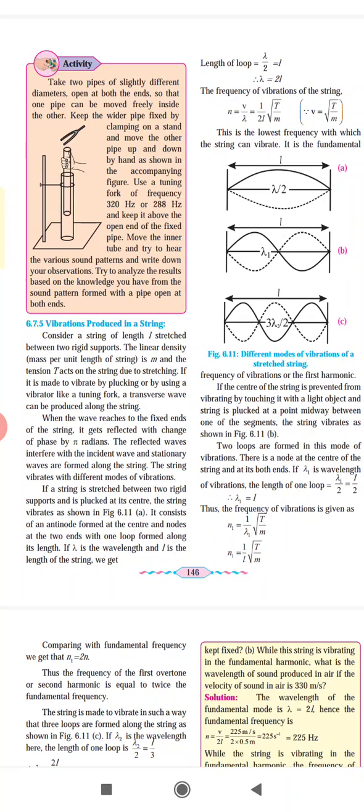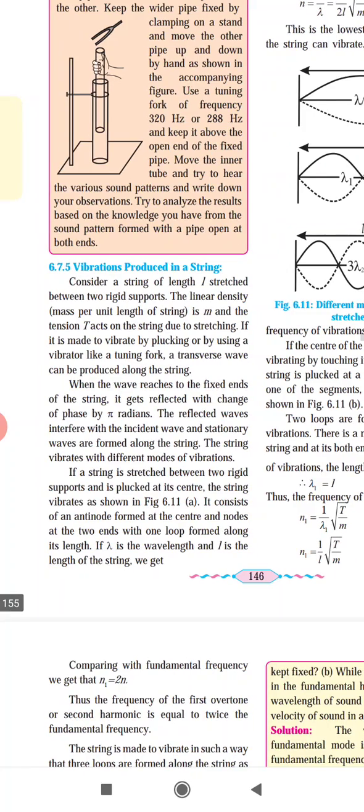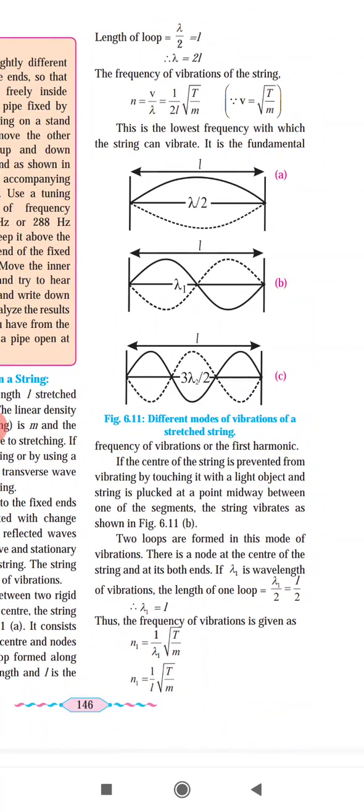If a string is stretched between two rigid supports and is plucked at its center, the string vibrates as shown in figure 6.11a. See this figure. It consists of an antinode formed at the center and nodes at the two ends, with one loop formed along its length.